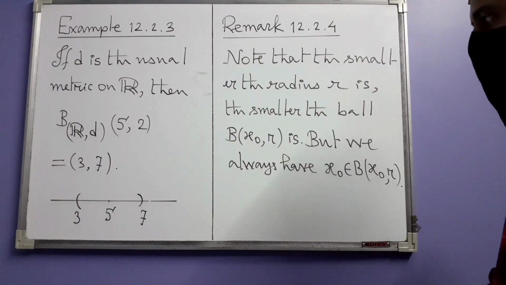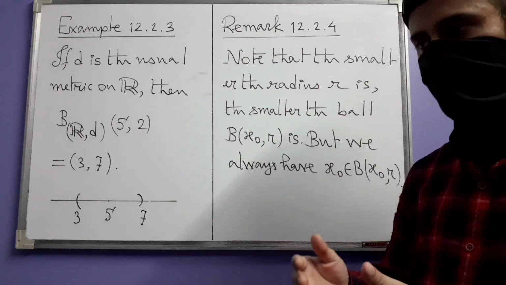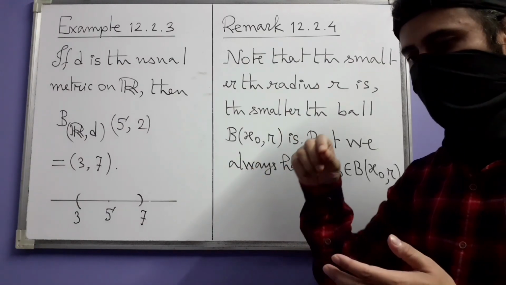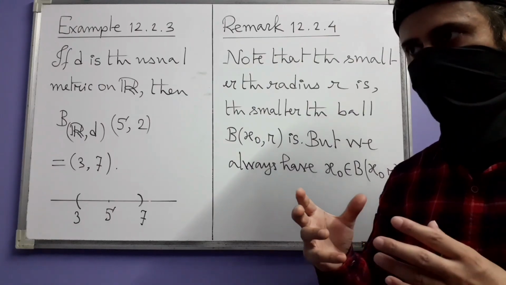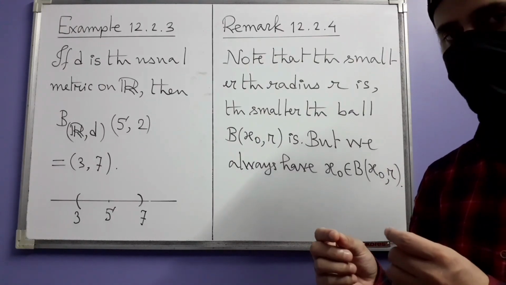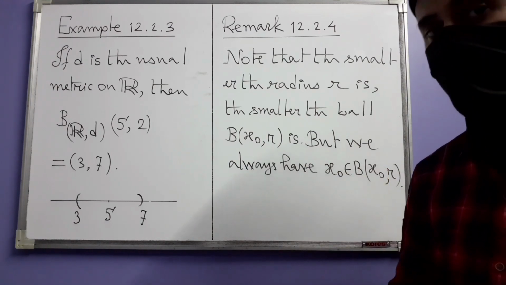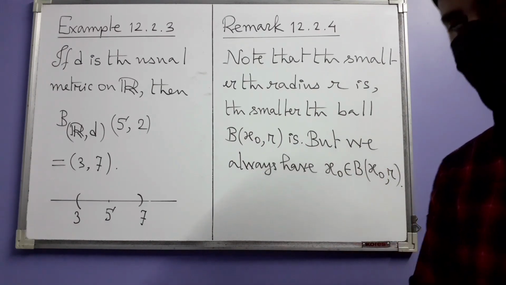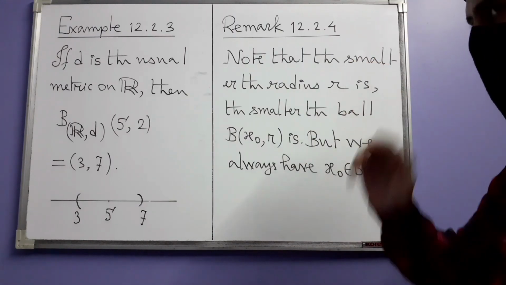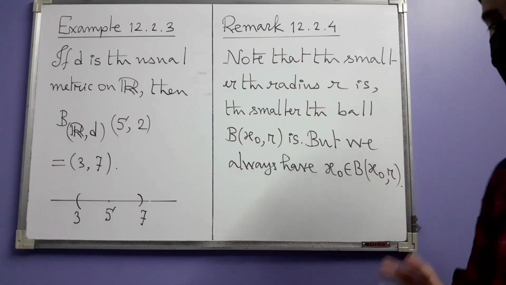It's just that if you make the radius smaller, then the condition for the points in the metric space to be inside this ball has become more stringent, more restricted, that their distances from the center now have to be smaller for that smaller r. But we note this thing which we also saw in that example, that the center is always inside the ball.